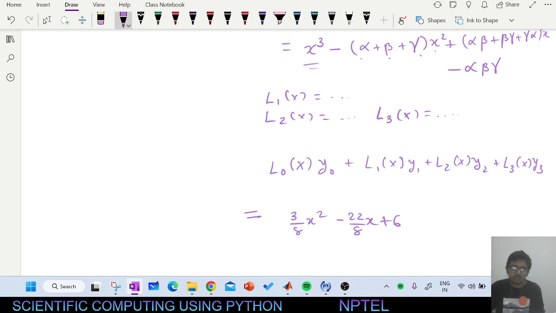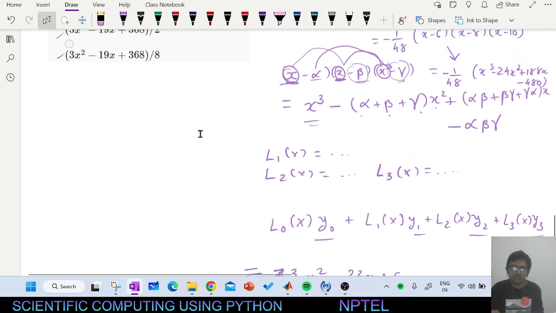And why? Because this x cube coefficient magically becomes 0 when you do this addition. You will see that y0, y1, y2, and y3 are set in such a way that this becomes 0. Okay, so this is the answer.